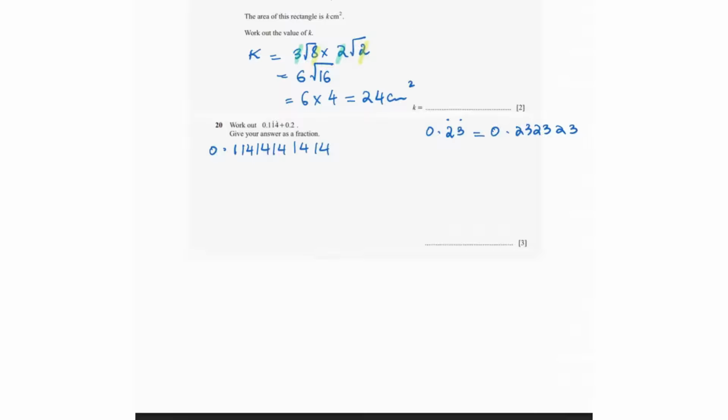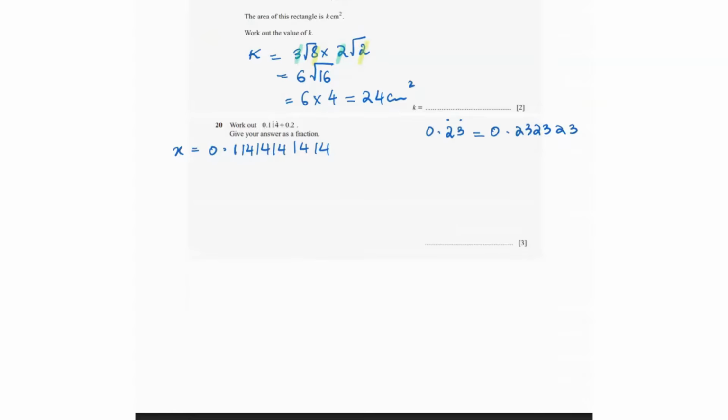So over here, work out 0.114 recurring plus 0.2. First, you identify that the recurring number is x. That's the first thing. Next, you need to move the decimal. Why are we moving the decimal? Because we want to create a fraction out of this, as identified in the question.